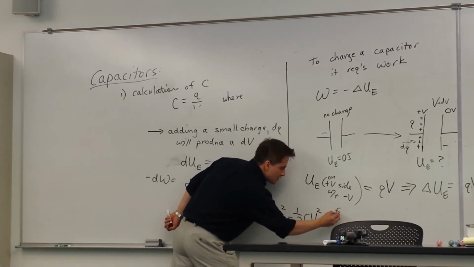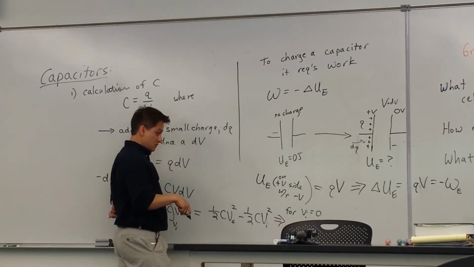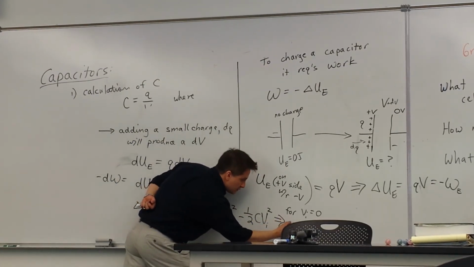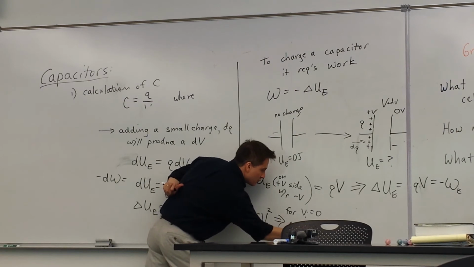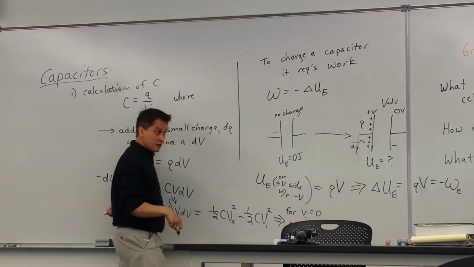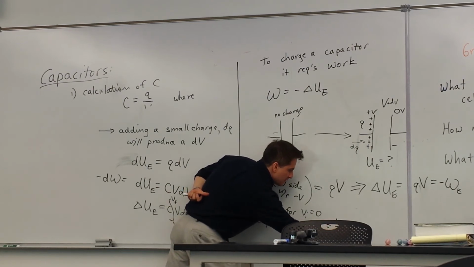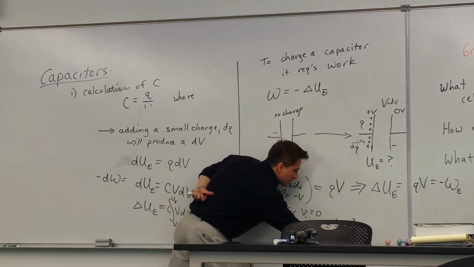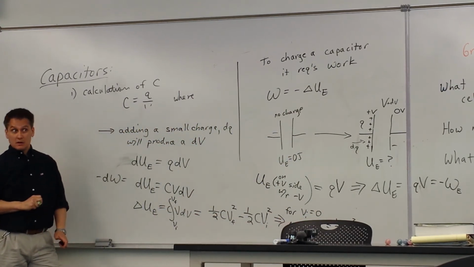So let's just note that when V initial is 0, then the change in potential energy to raise it to some voltage, which will be the potential energy stored, will be equal to 1/2 C V final squared, whatever the voltage is.